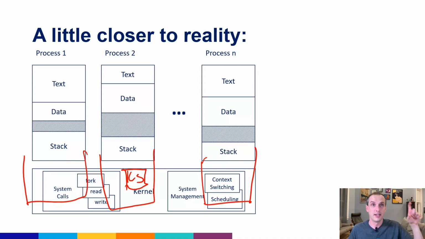And when there's text, there's going to be a stack. So every single one of these has its own user level text. Every single one of them has its own user level stack. But on the kernel side, there's only one text, and each individual process can, but doesn't necessarily have to, have a kernel side stack.